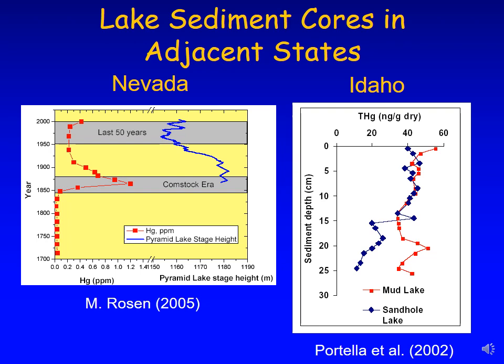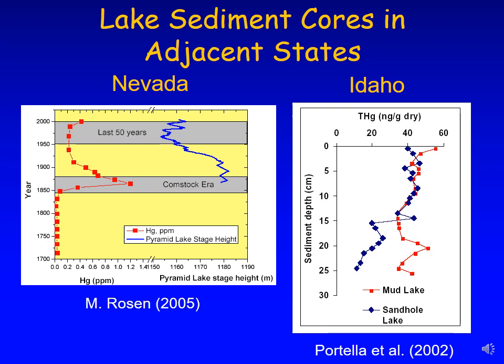If we look at a lake in Nevada, Pyramid Lake, which is upwind of the gold mining areas, then we basically had really low concentrations before the 49ers, the Comstock era, and all that mercury was ending up in Pyramid Lake, so you had a big peak in Pyramid Lake, and then that was over, and so the input of mercury decreased.